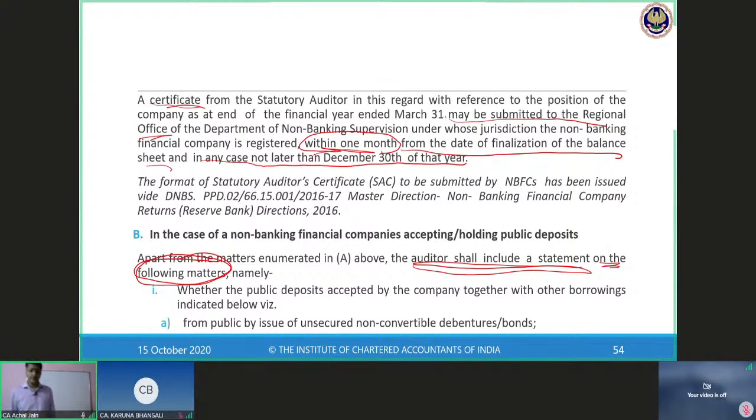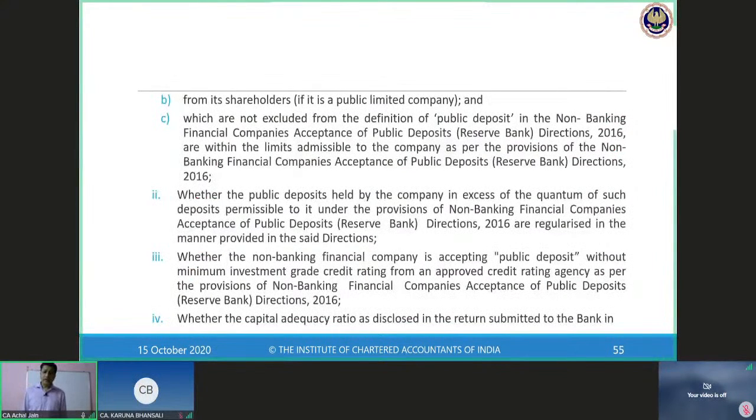So what are the matters? Whether the public deposits accepted by the company together with other borrowings indicated below, like from the public by issue of unsecured non-convertible debentures, bonds, from its shareholders if it's a public limited company, and which are excluded from the definition of public deposit in the Non-Banking Financial Companies Acceptance of Public Deposit Directions, are within the limits admissible to the company as per the provisions of these directions.